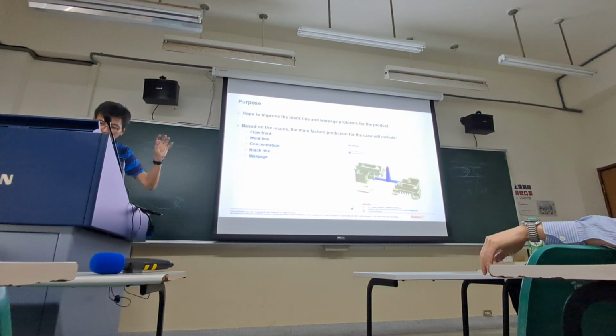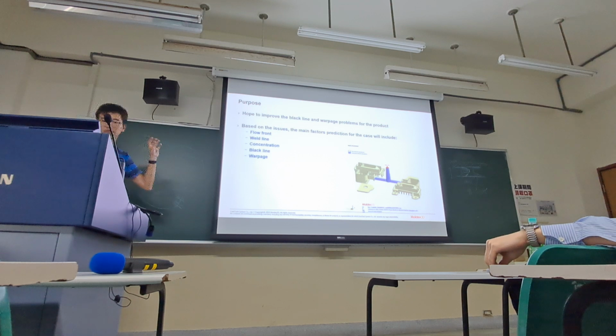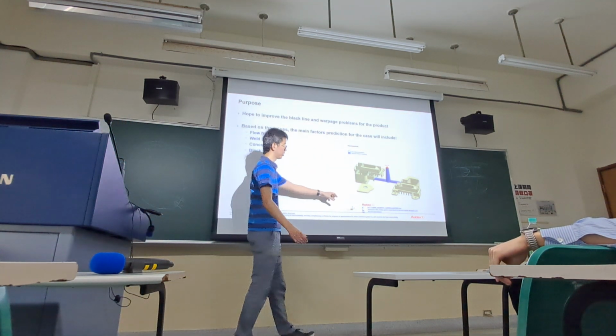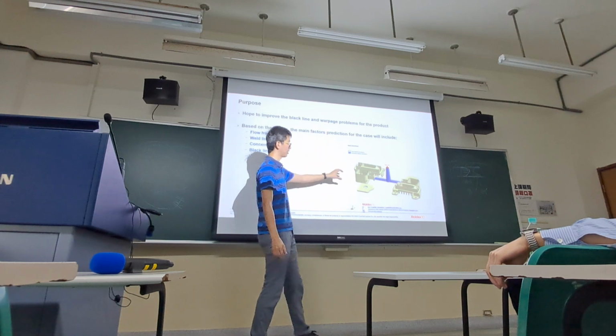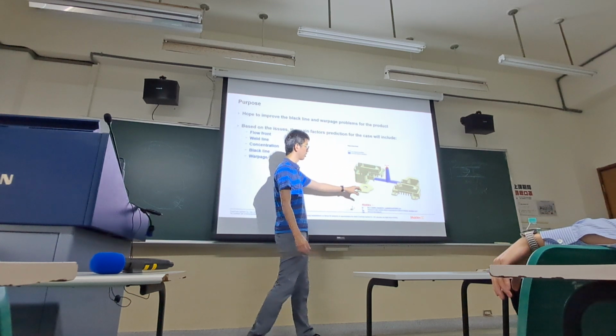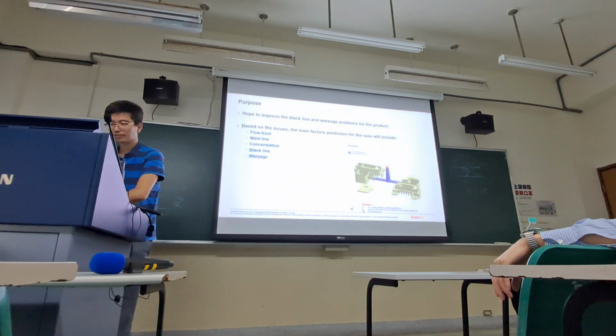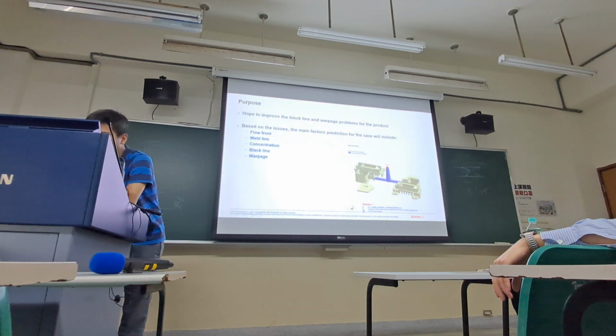Okay, so this is the idea, and we can see how software helps you to identify those problems and helps you to design this. So this is our case. See, this is a small part, not big, but actually very complicated. This is a real case for metal injection molding.